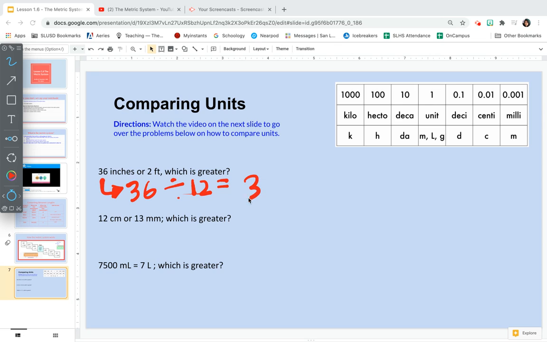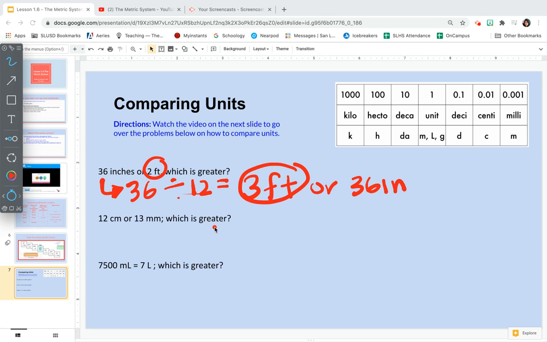All right, so now I get that, oh, that would be 3 feet, because a foot is in every 12 inches, right? So now I can compare that, oh, if this is 3 feet and this is 2 feet, obviously it's the 3-foot one that's greater, right? Or 36 inches.